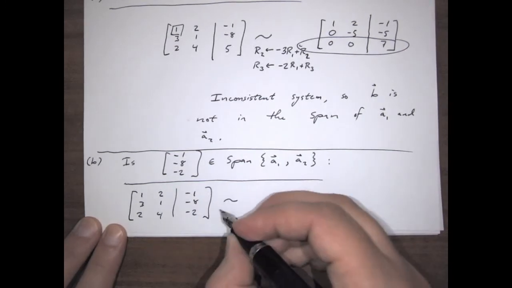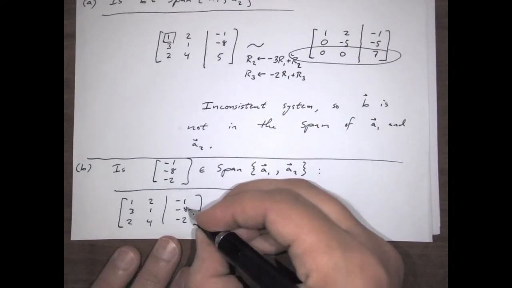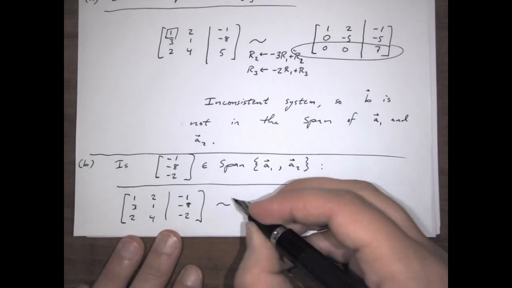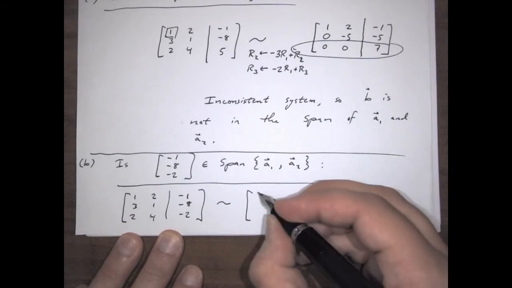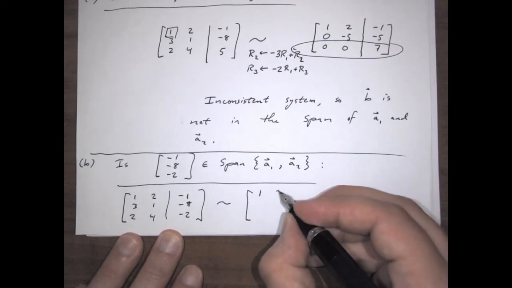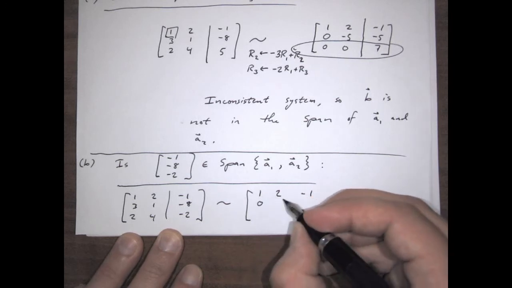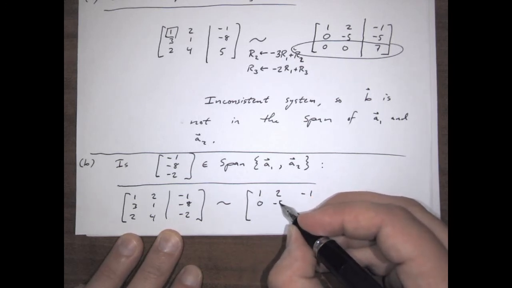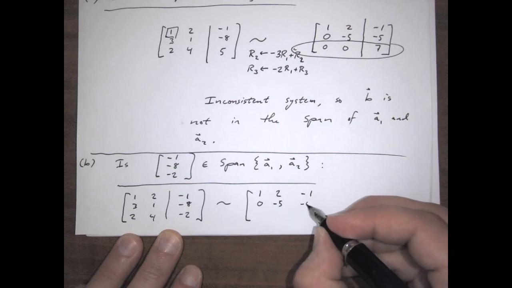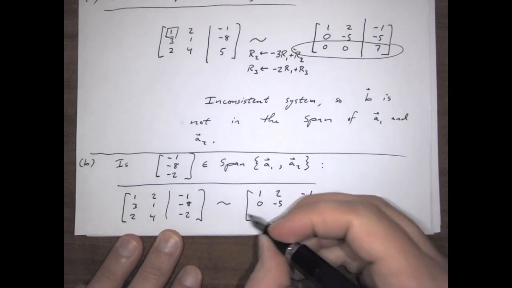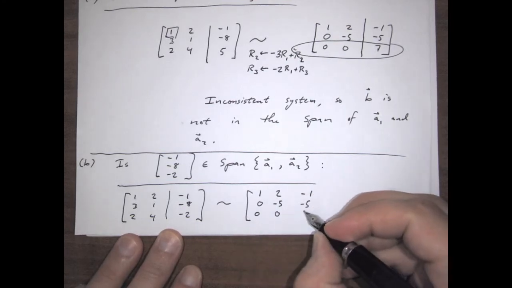Now we would do the same two row operations that we did before, but now the conclusion would be a little different. So the same two row operations, so we won't write them all out again, but it all goes very similarly until the very last entry. -5, -5, then 0, 0, and 0.